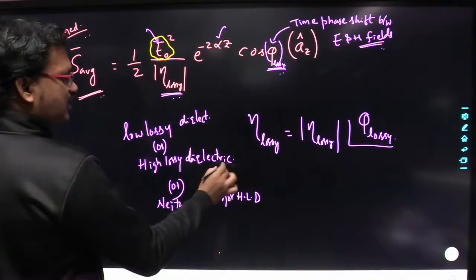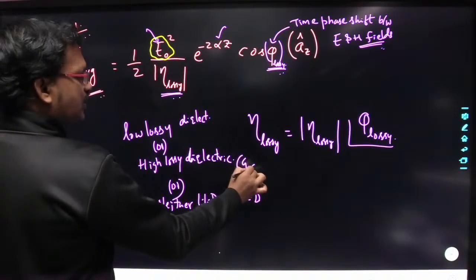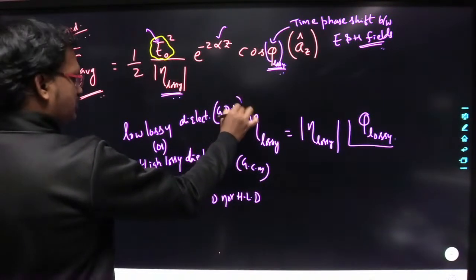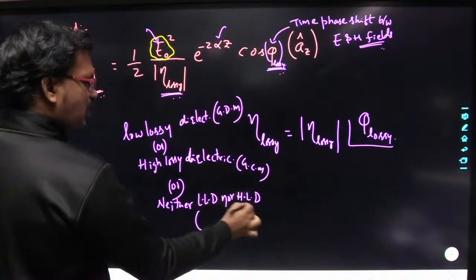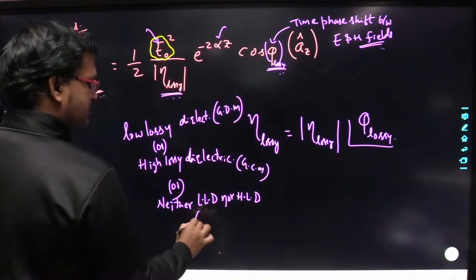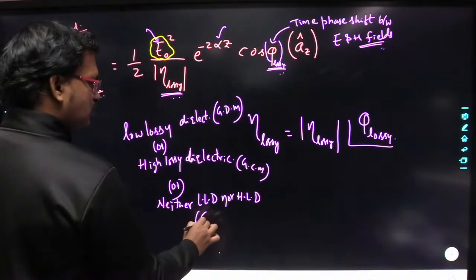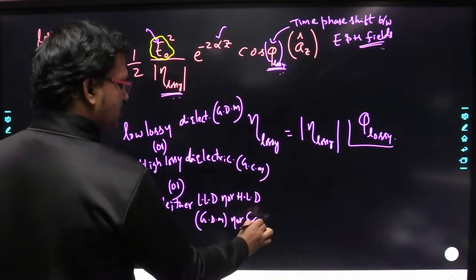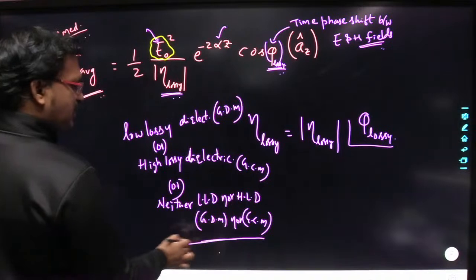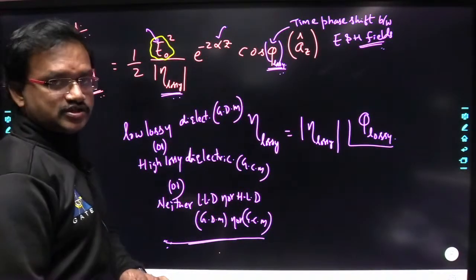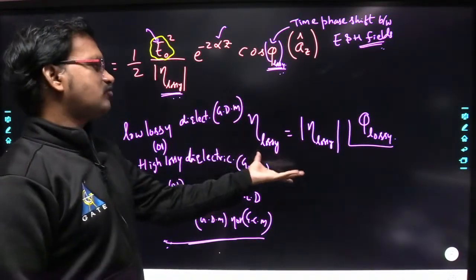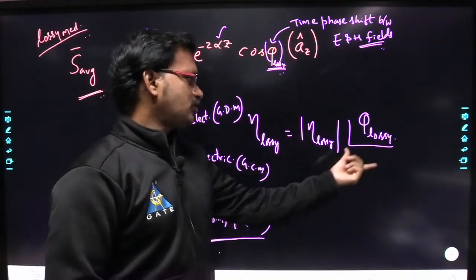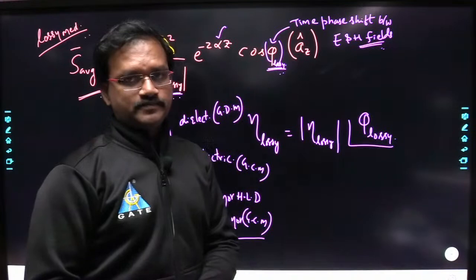High lossy dielectric means you can call it a good conducting medium. Low lossy dielectric means you can call it a good dielectric medium. Neither low lossy nor high lossy means it is neither a good dielectric medium nor a good conducting medium. So if you determine the nature of the medium, then we can write the formula for eta, and thus we can determine the magnitude as well as phi. Understood?